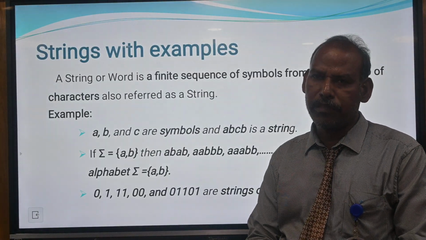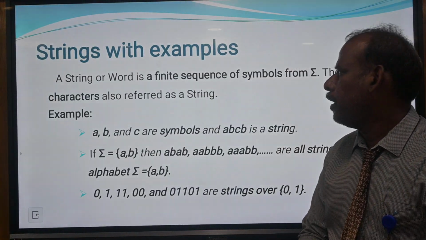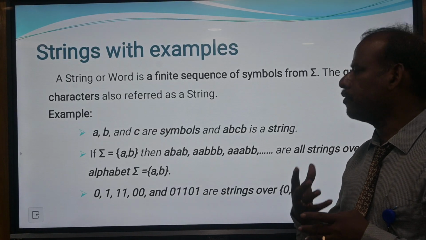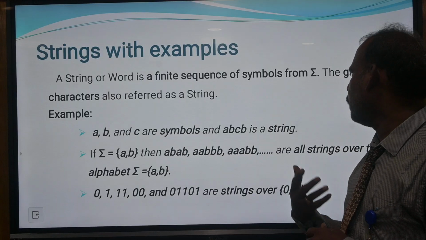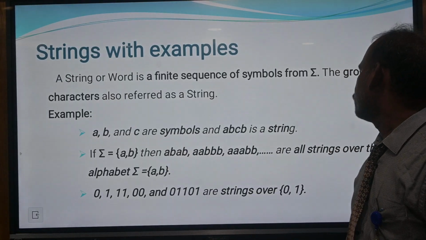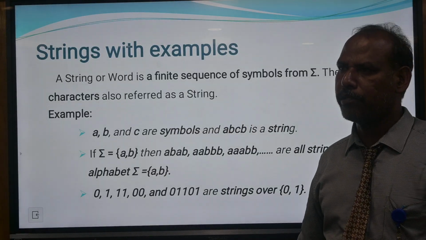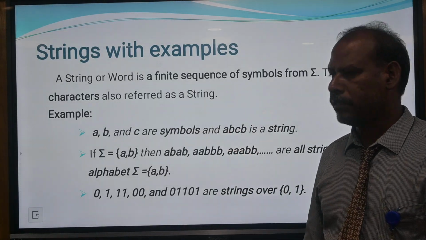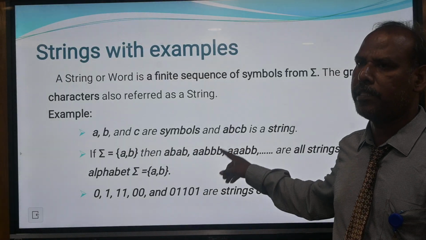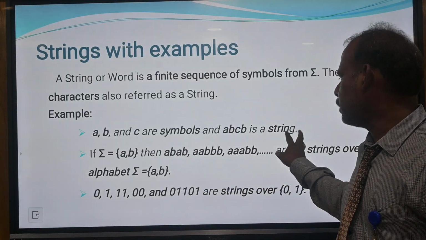So next, strings with examples. What is a string? A string or word is a finite, that is countable, sequence of symbols from the input symbols. A group of characters is also referred to as a string. For example, with A, B, C as the symbols, we can form A, B, C, B. So that is a string.